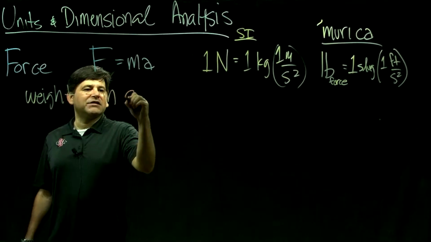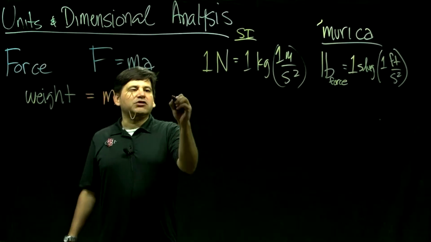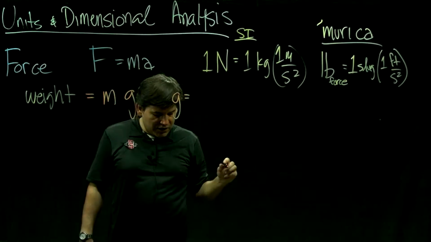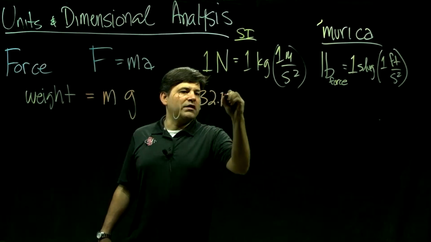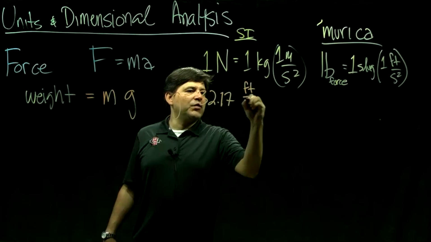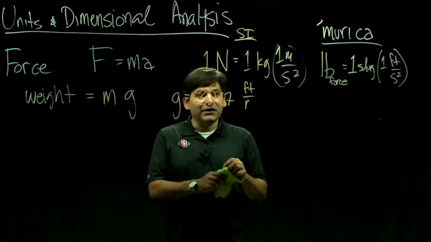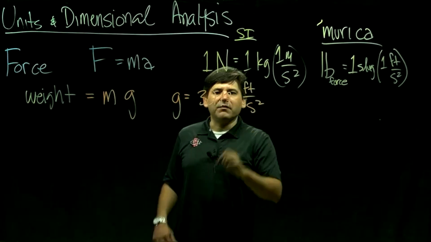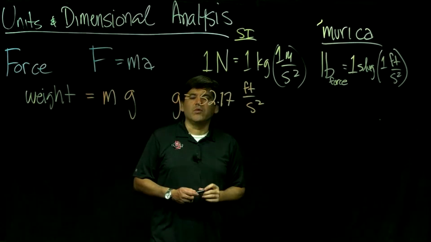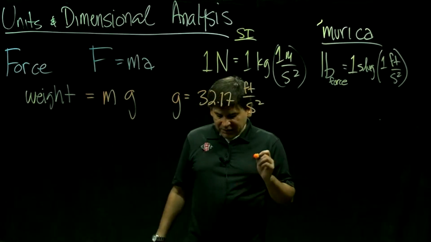It's mass times the acceleration of gravity, where in America, g on Earth is 32.17 feet per second squared. So the acceleration due to gravity in SI units is 9.8 meters per second squared, but in America, it's 32.17.